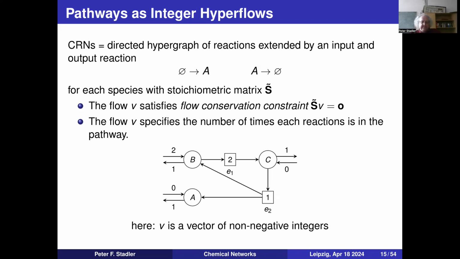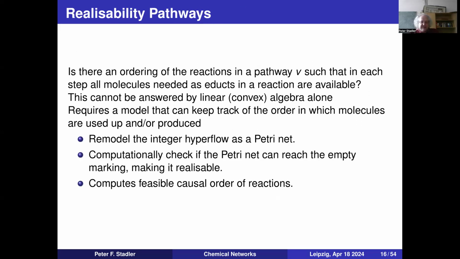missing? And the point that there is something missing is that at the beginning, when you start your reaction, you only have your prescribed input molecules, so your input flows and your output flows, but you cannot get any one of these intermediates.